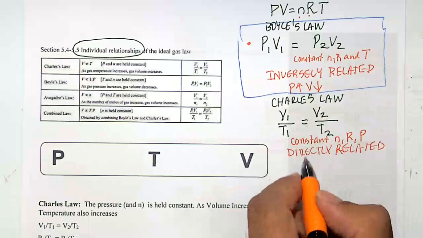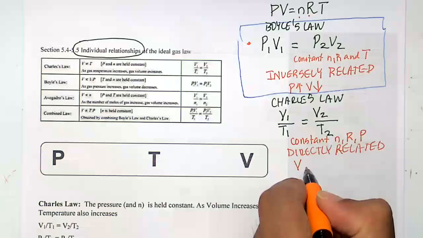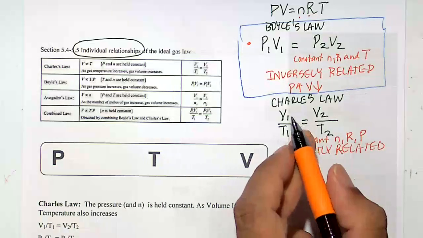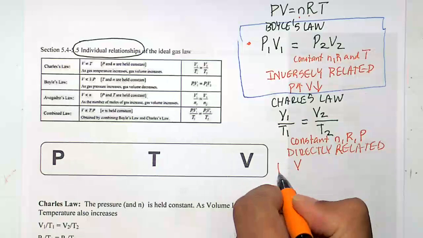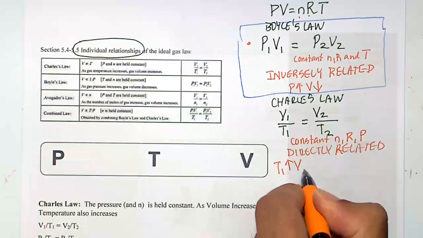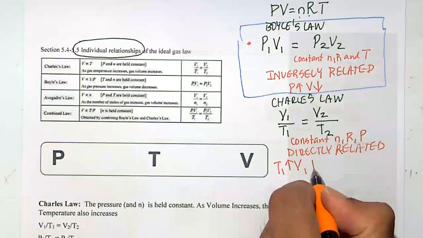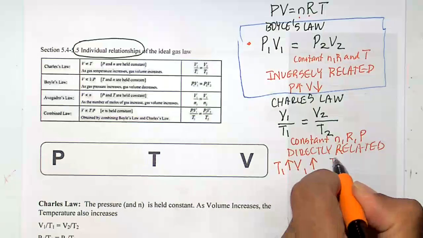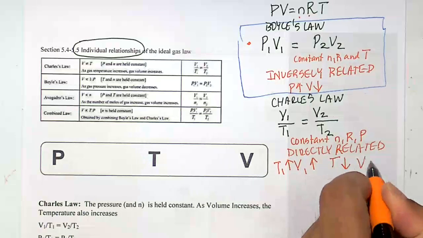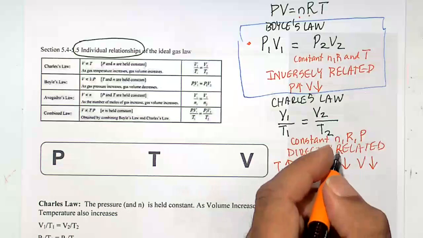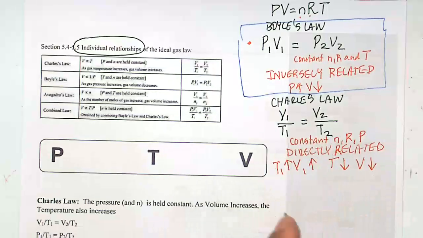As you increase the temperature T1, the volume V1 will increase. If you decrease the temperature, your volume will decrease. As one goes down, the other goes down.